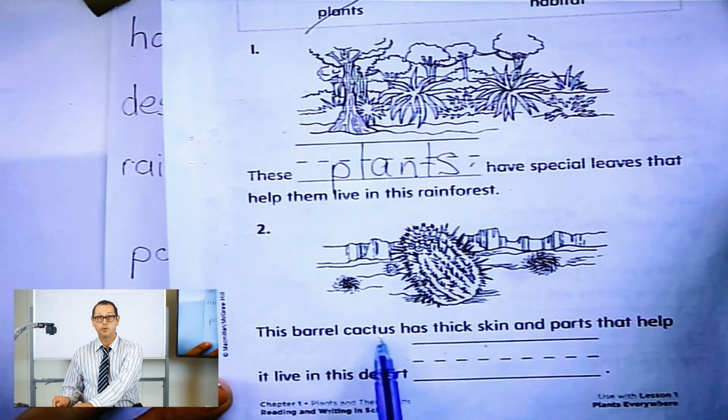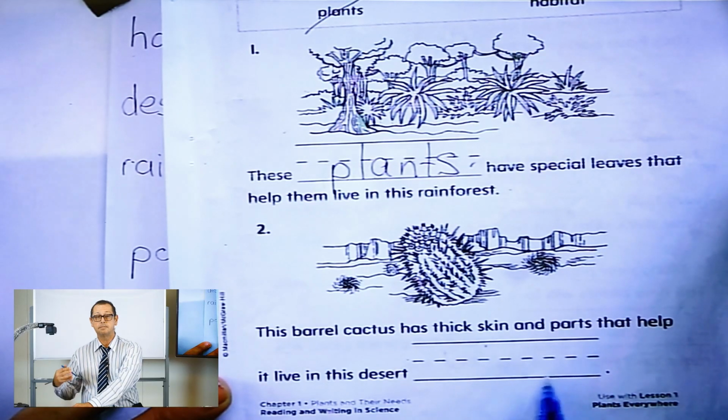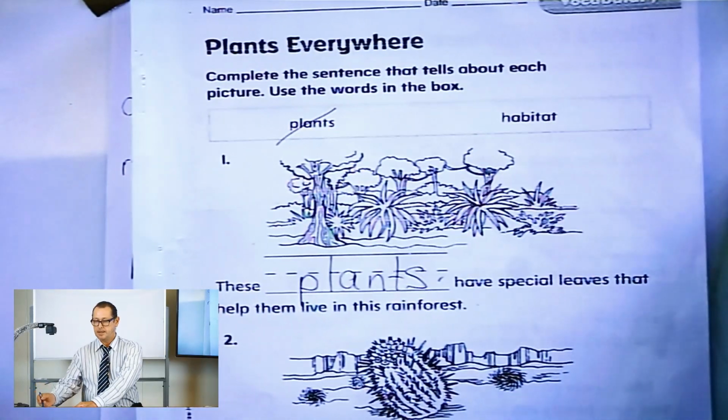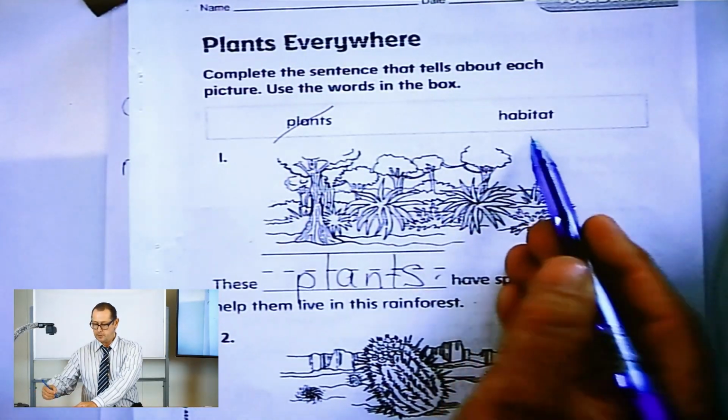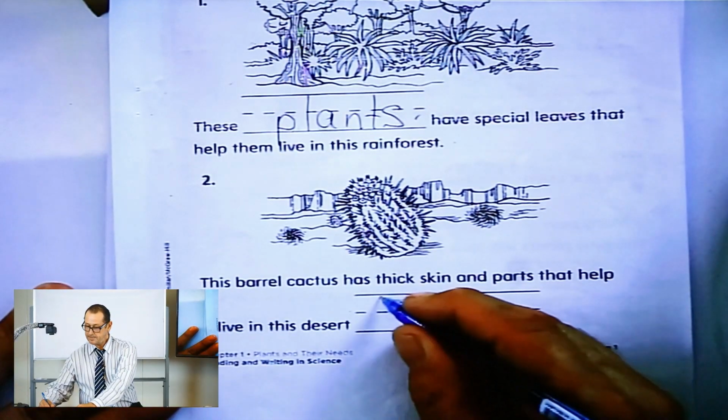this barrel cactus has thick skin that helps it live in the desert. Which word? Habitat. It helps it live in the desert habitat.